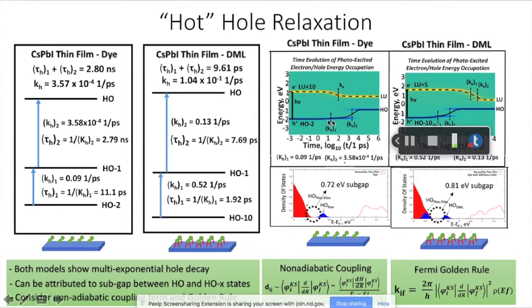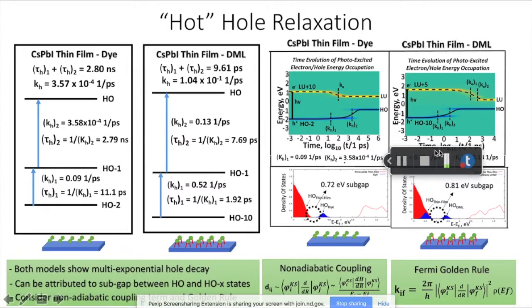So that's what we attribute these subgaps between k_h1 and k_h2 for both of these systems to, the subgaps between the HOMO and HOMO minus 1 state. But even between those, if you look at the figures on the left, we'll see there's a pretty significant difference between the hole transfer rates.